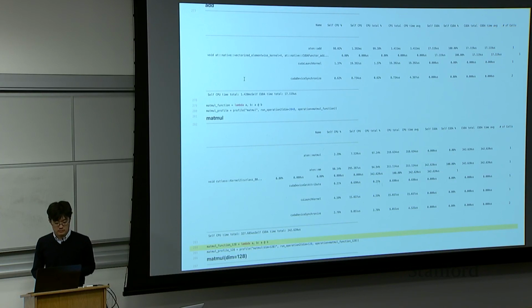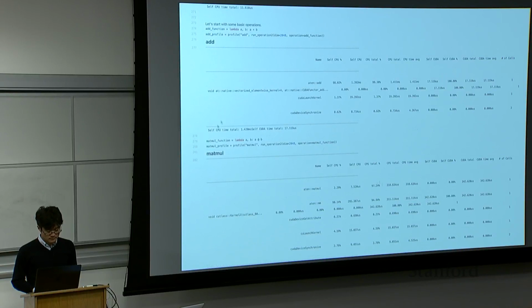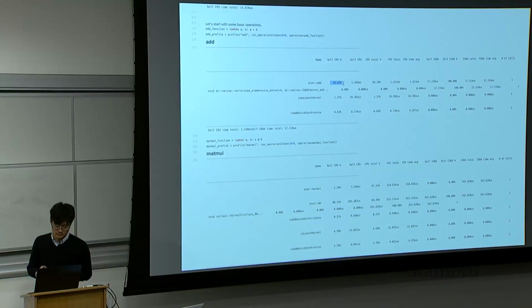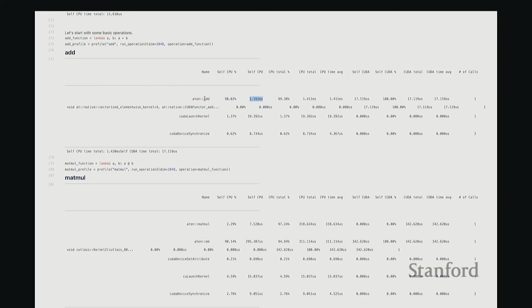Just to make sure I'm interpreting this correctly, for the add case, is the 98% the CPU being utilized over the millisecond time period? That's right. This is the percentage of time that aten::add was actually executing in some capacity on the CPU.